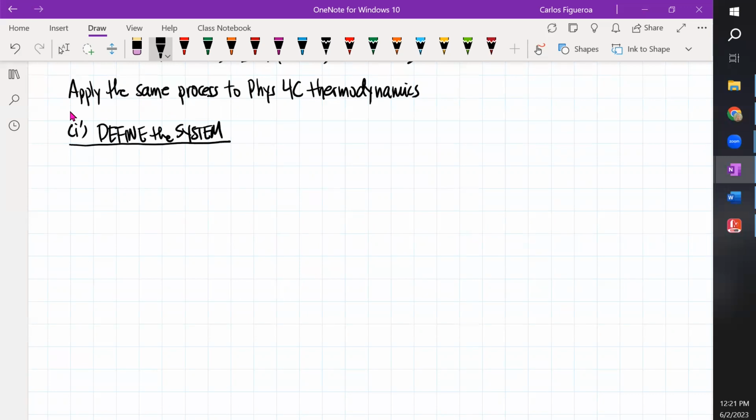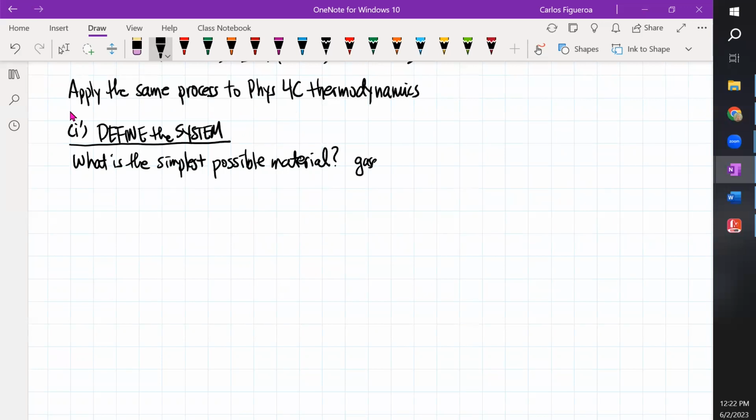Since thermodynamics is the energy transfer of materials, we're going to ask the question, what is the simplest possible material? Of course, we have gases, liquids, and solids.